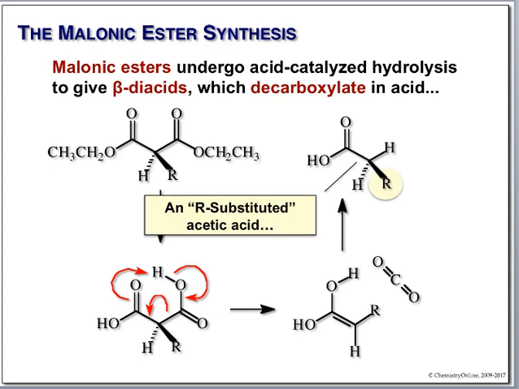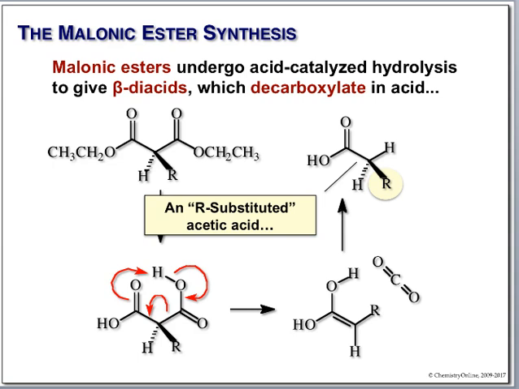Now think about what we've done. We've taken diethylmalonate. We stuck on anything we want here that we can do with an SN2 reaction. Anything. Dump it in acid, it decarboxylates. Now here's our R group attached to a CH2 and a carboxylic acid. This chunk here, the CH2 and the acid, is our acetic acid derivative, and here's the R that we've stuck on.